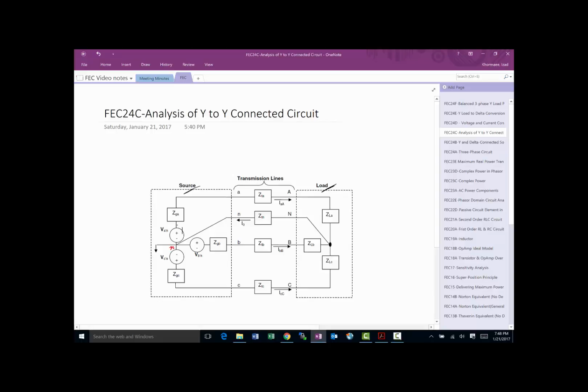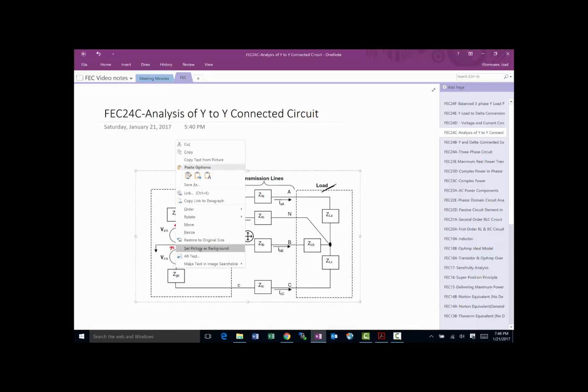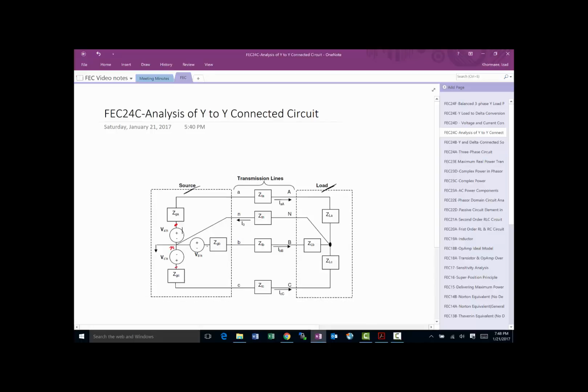And sometimes, even though it's not an essential node, in many cases we will label it so we can have a conversation about what it is. Typically this is called B prime to be distinguished from B, and this is referred to as A prime, and then C prime to be distinguished from that.